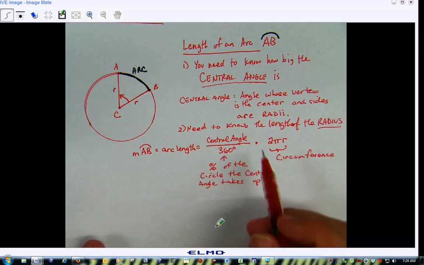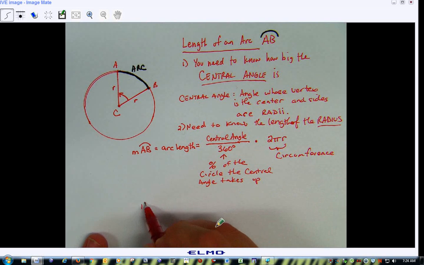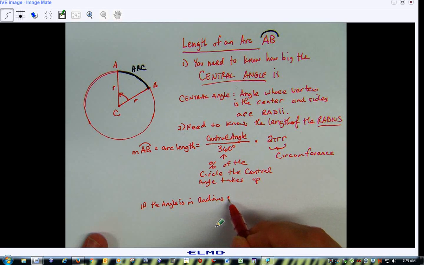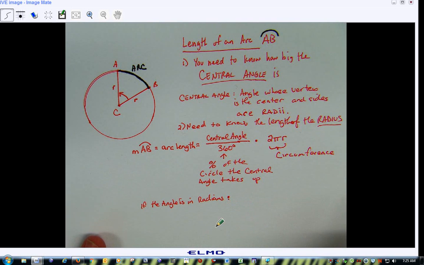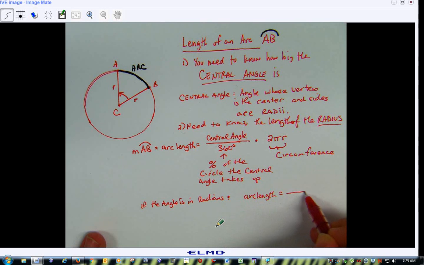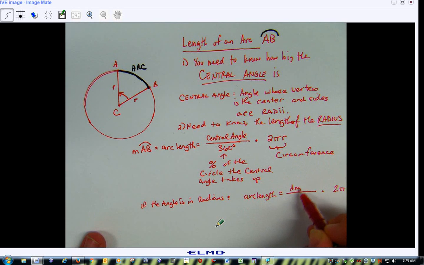If it's in radians, what we're going to do is, arc length is still going to be the same thing, but it's going to be whatever the angle is divided by 2 pi.